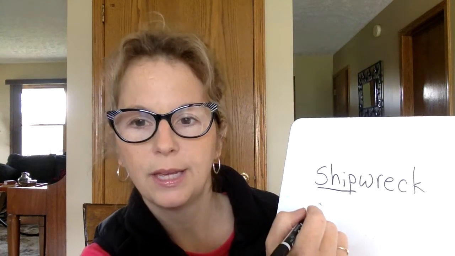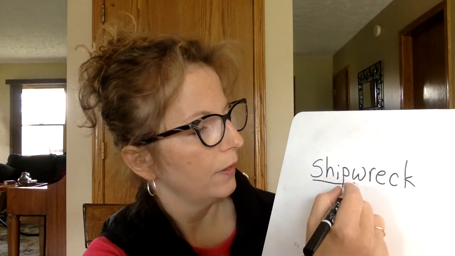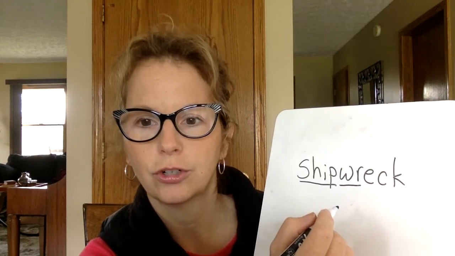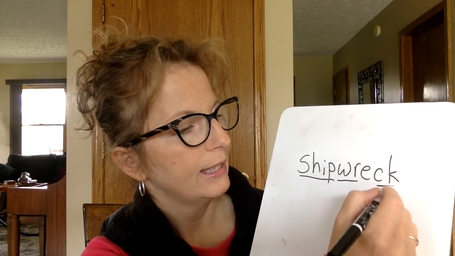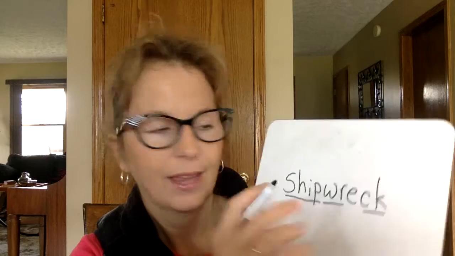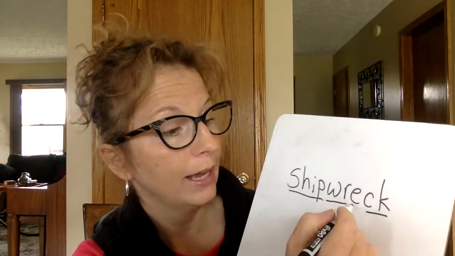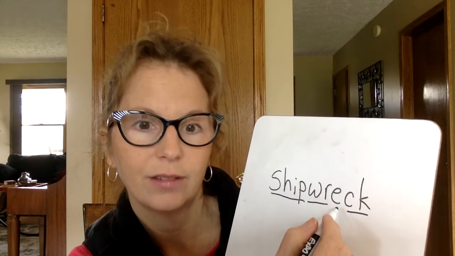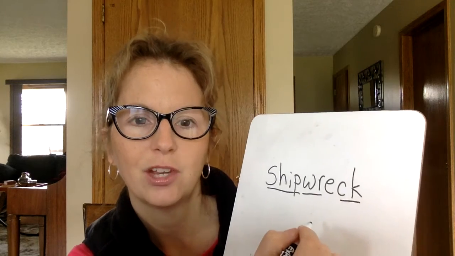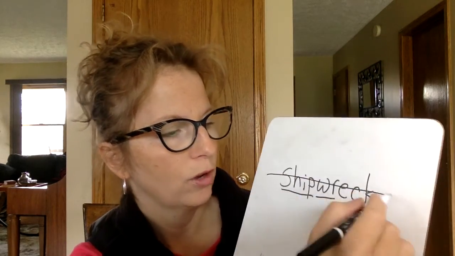Ship, S-H-I-P. And then for the wreck part, we've got that W-R making that R sound. And it's a C-K at the end, making K. And hopefully we got this vowel sound right, that we use the letter E, right? Shipwreck. If we didn't get it right, draw the line through it, write it correctly so you've got a chance to see it written on your page correctly.